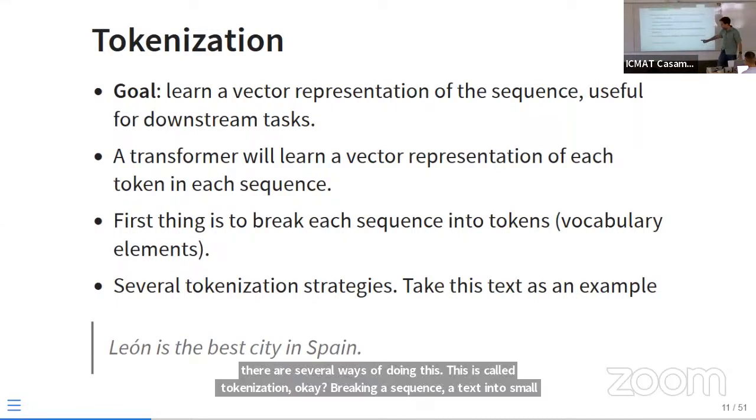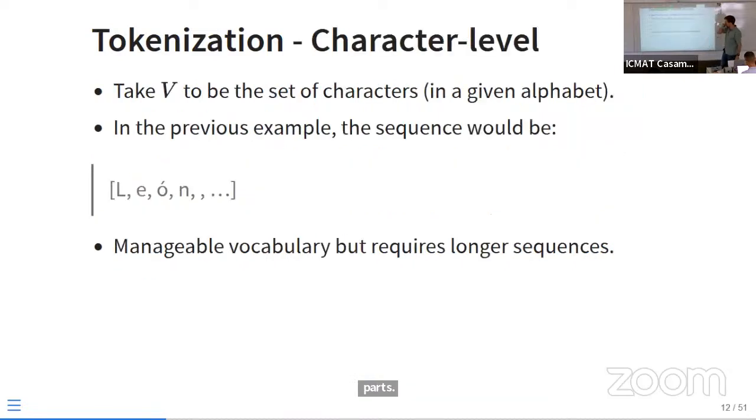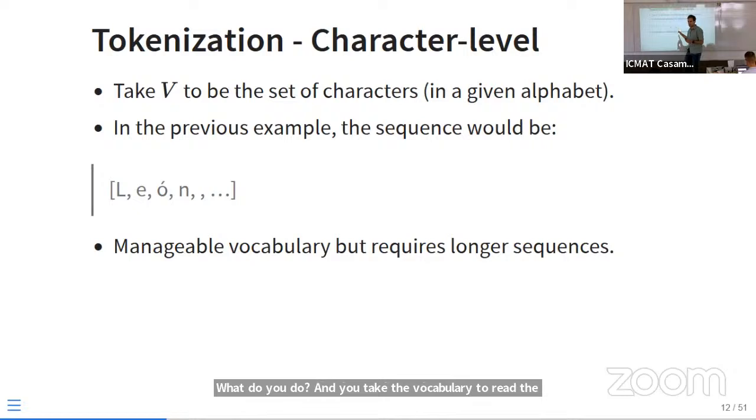For instance, if you take this example, Leon is the best city in Spain, and you take the vocabulary to be the set of characters in a given alphabet, the previous example will be tokenized as L, E, O, N, and so on. This is good because the vocabulary is not very large, it's manageable, but it requires longer sequences. The sequences are going to be very long.